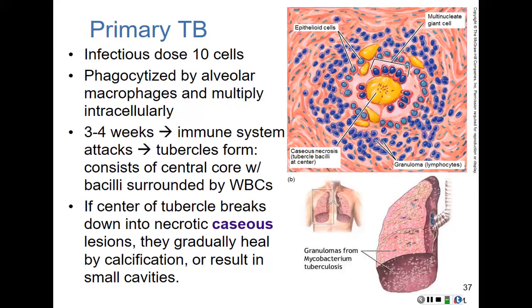Over time, this structure will go into a stage that we call caseous lesions. Caseous is like milk, and it becomes to a point where it's gone necrotic, where when you finally slice through it, you don't see that cellular detail anymore.